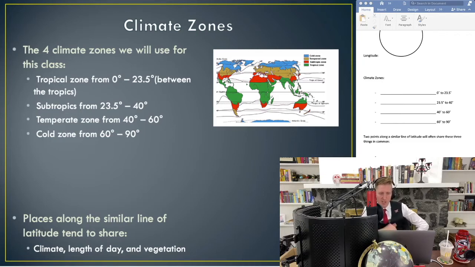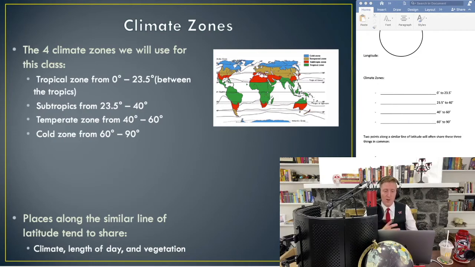If you look at the southern hemisphere, towards the middle section of South America, the tip of Africa, and the bottom half of Australia, those are all subtropical areas. So whether in the north or the south, if you live in those regions, chances are you'll have similar climate, length of day, and vegetation as those other red areas.